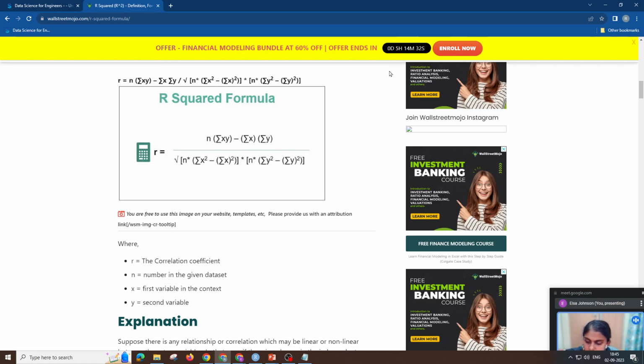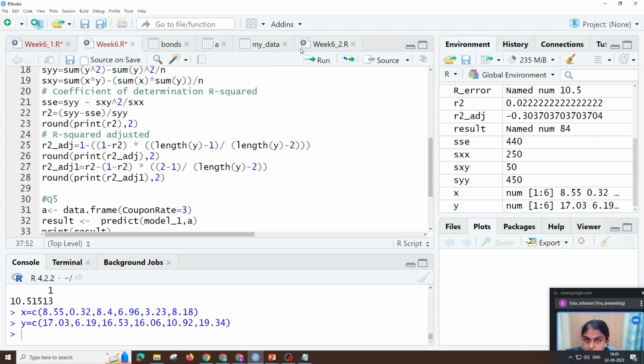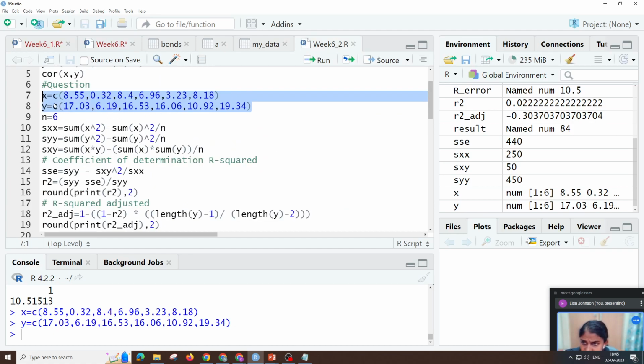Okay, so similarly in RStudio, like I have shown earlier, these are the set of observations. First you want to find out sxx, which is the sum of x square.